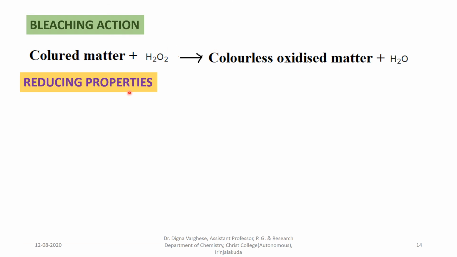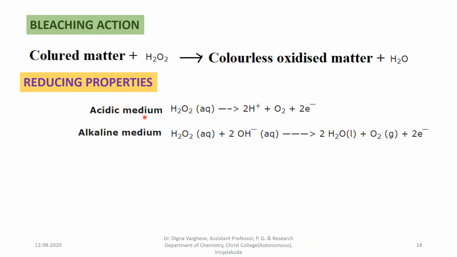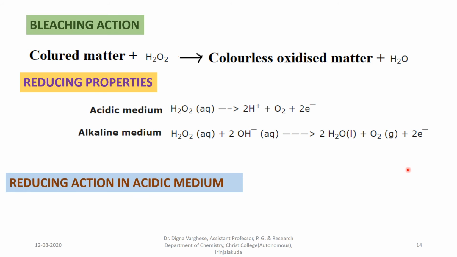And the other chemical property is its reducing properties. In acidic medium, it gives 2 electrons. This electron release is responsible for its reducing properties. That is, it acts as an electron donor. In alkaline medium, it also acts as an electron donor.